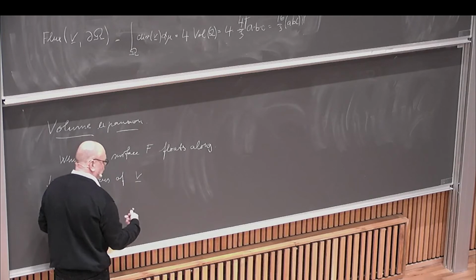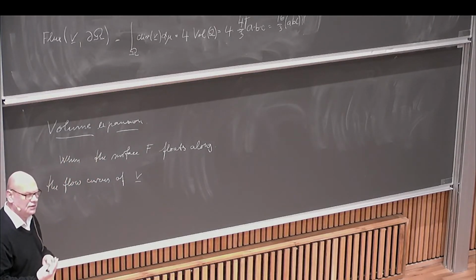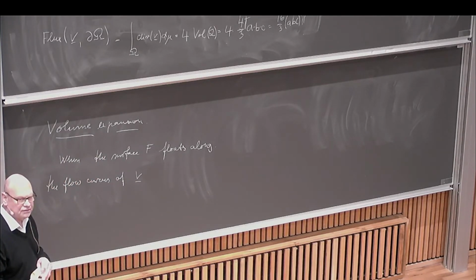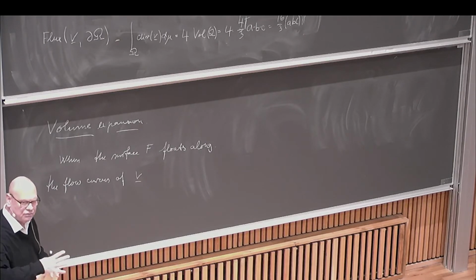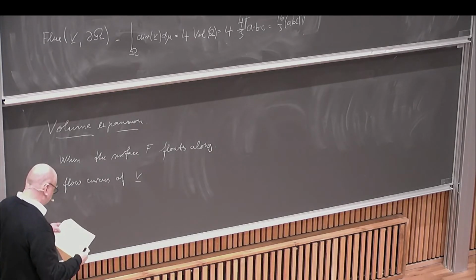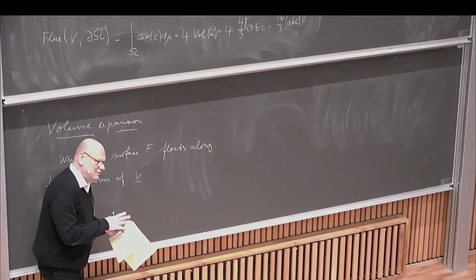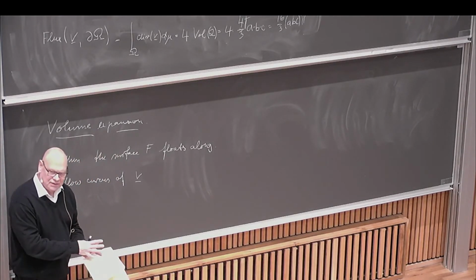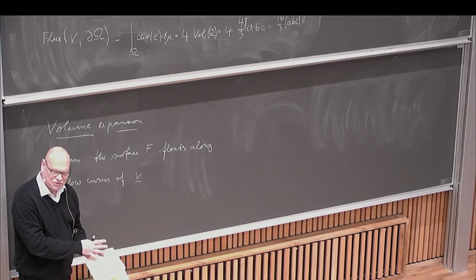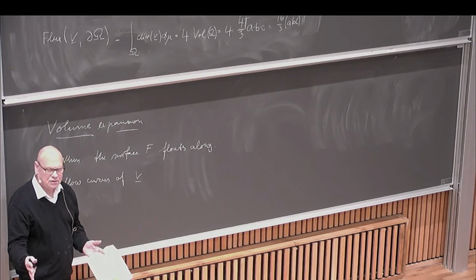So you have the vector field, and then you calculate the flow curves, and then you follow your surface along this. And when you do so, then this surface here will sweep a solid.